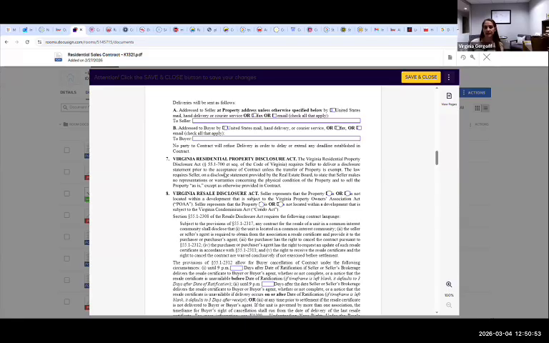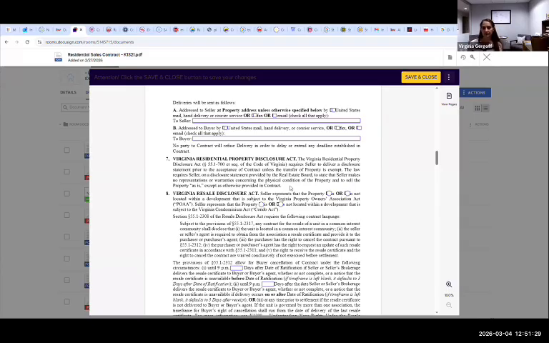The law requires sellers, on a disclosure statement provided by the real estate board, to state that seller makes no representations or warranties concerning the physical condition of the property and to sell the property as is, except as otherwise provided in the contract. Okay? So the seller has to deliver the disclosure unless they are exempt. And you have a list of exemptions, but the most common is, for example, an estate attorney, right?